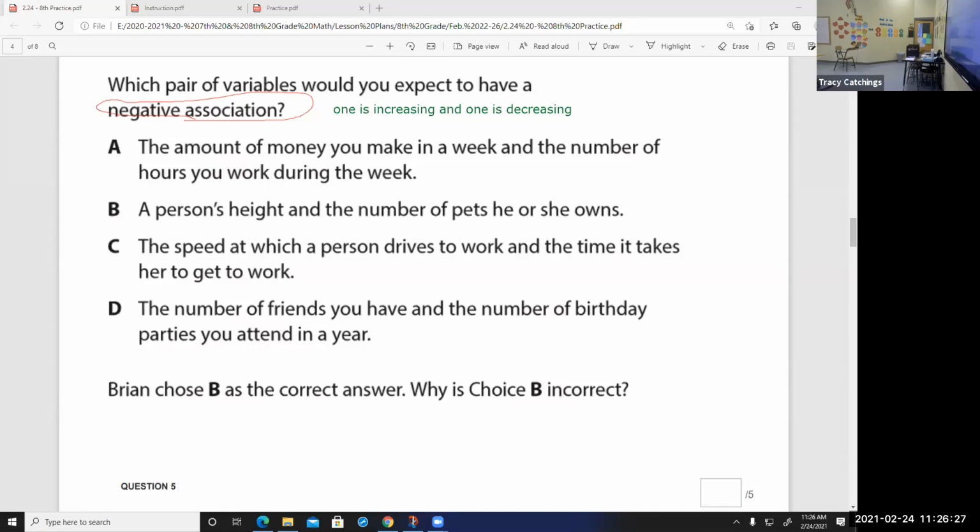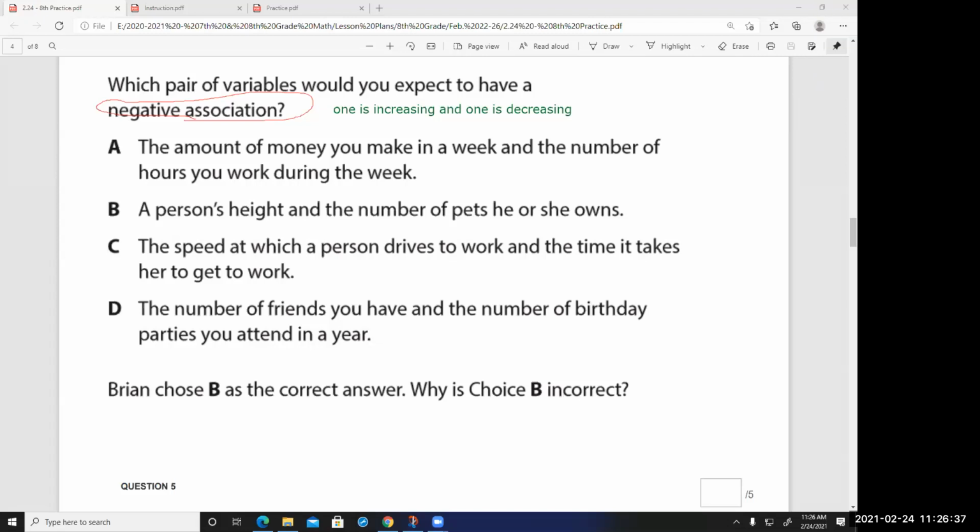Just because they say it's incorrect or correct. Why is it supposed to be incorrect? They're saying it's incorrect.